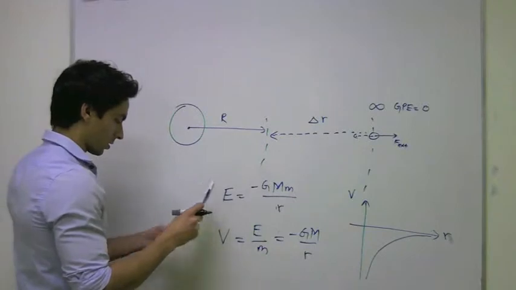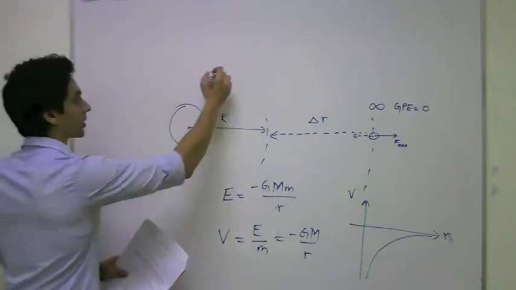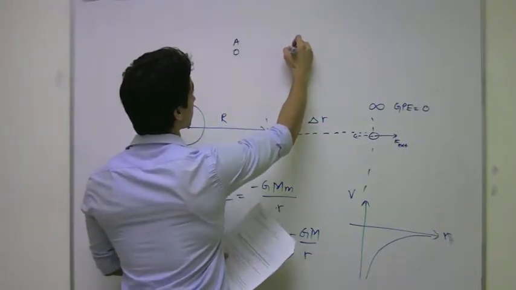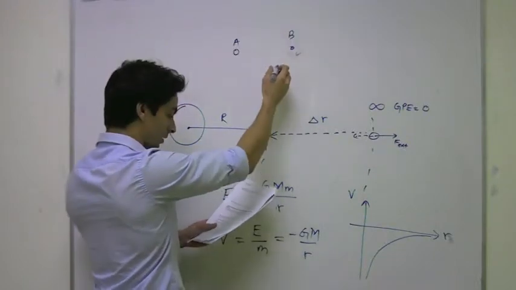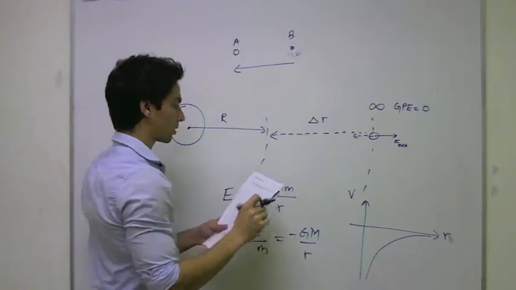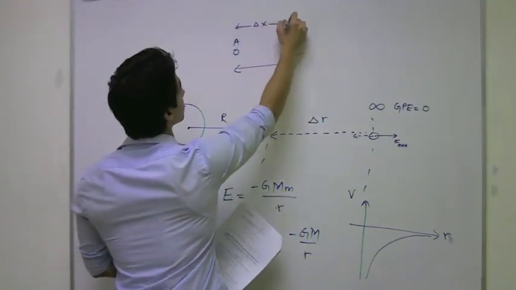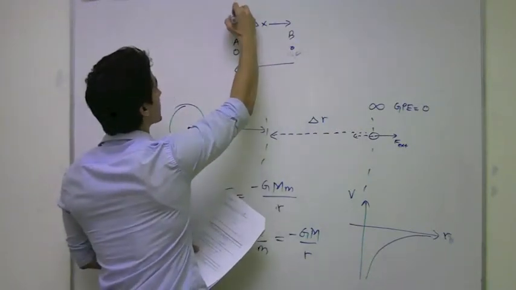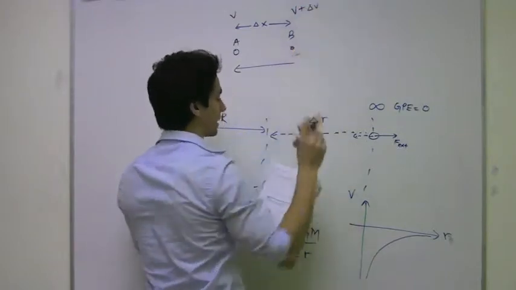So if you have, for example, a point A to a point B in a gravitational field which is pointed in this direction, and let's say this distance here is delta x. In moving from A to B, let's say A has a potential of V and B has a potential of V plus delta V.